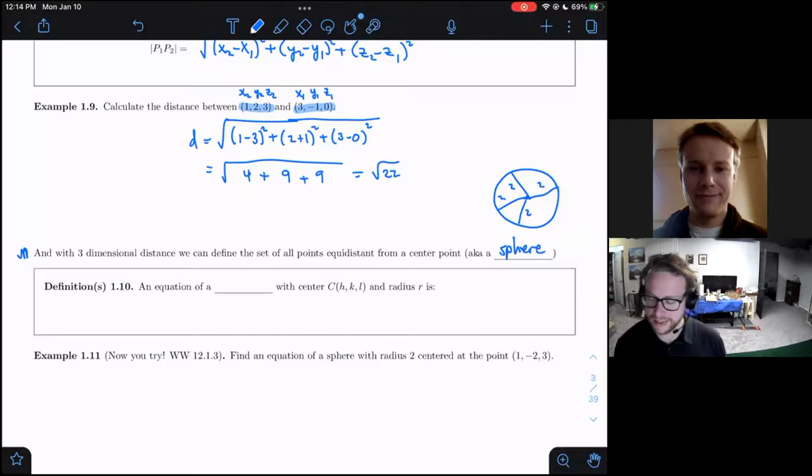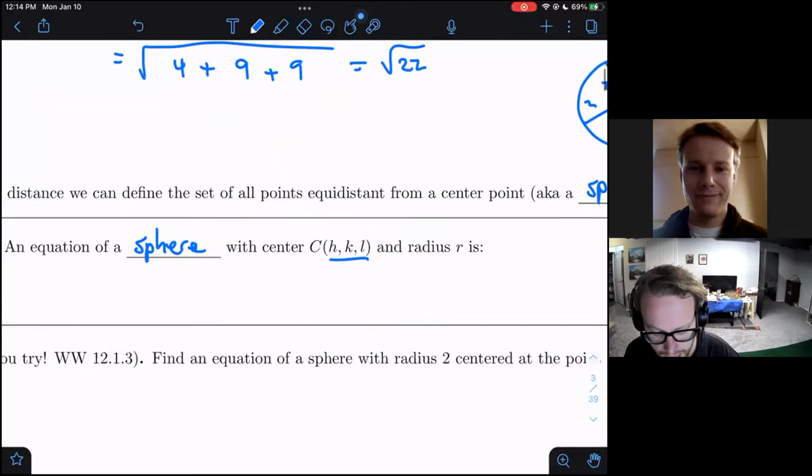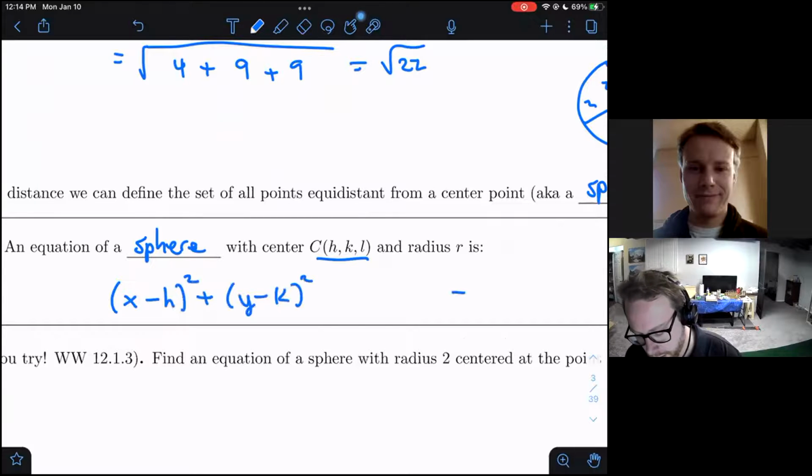So if you want the distance to be the same for our sphere, and we have some center, which maybe is H, K, and L, I suppose, and a radius of R. Well, remember the circle equation was something like x minus h quantity squared plus y minus k quantity squared equals r squared.